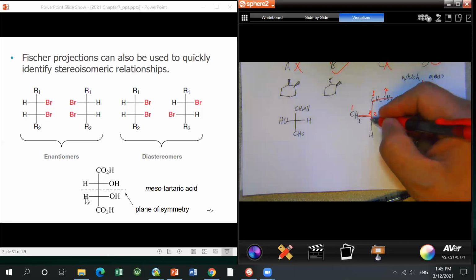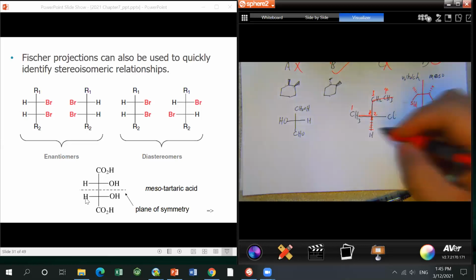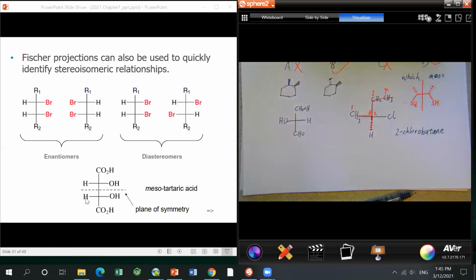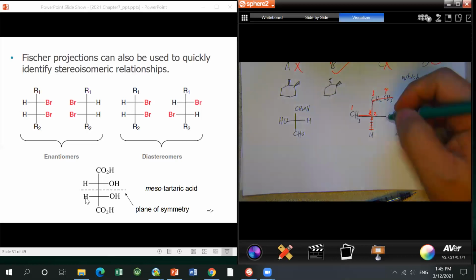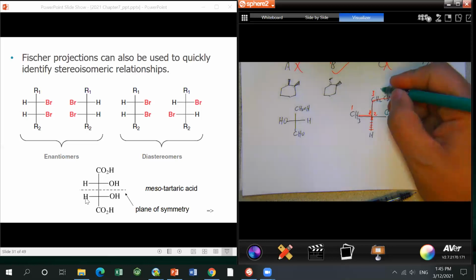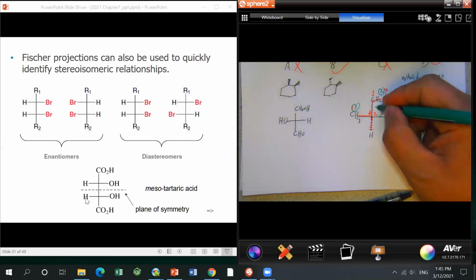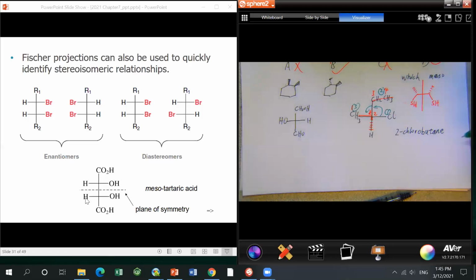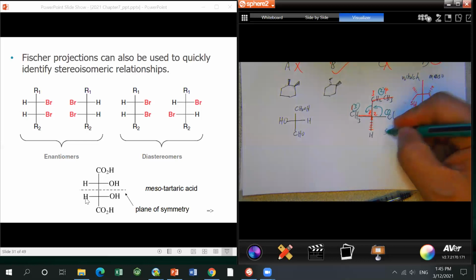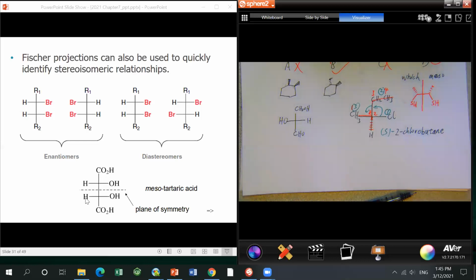That is good for you: this hydrogen points away from you, and it is the lowest priority, so it already points away. Then we line up the priorities for the other three: one is chlorine, two is this ethyl, and three is this methyl. You draw the arc from 1 to 2 to 3. It looks like counterclockwise, so that's S.